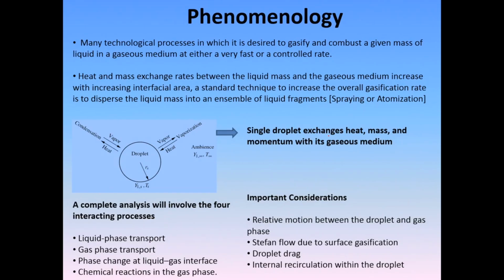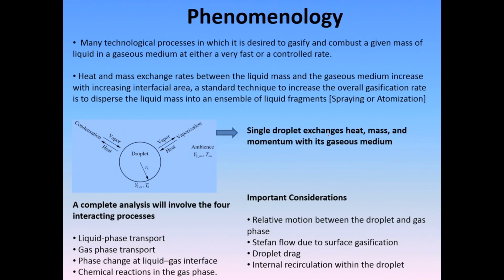Now, what is the phenomenology of droplet evaporation? That is the key thing. Let us consider one droplet now, because multiple droplets have their own problems. There is interference between multiple droplets.